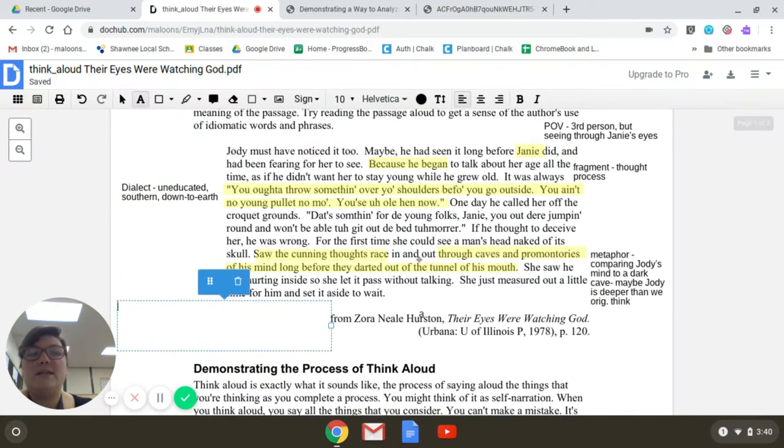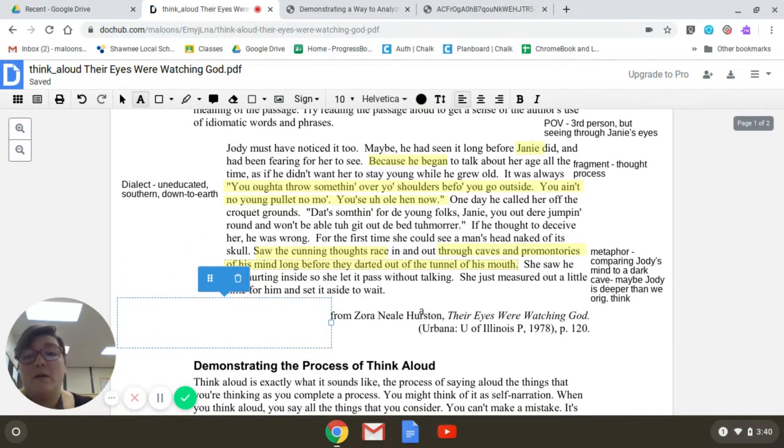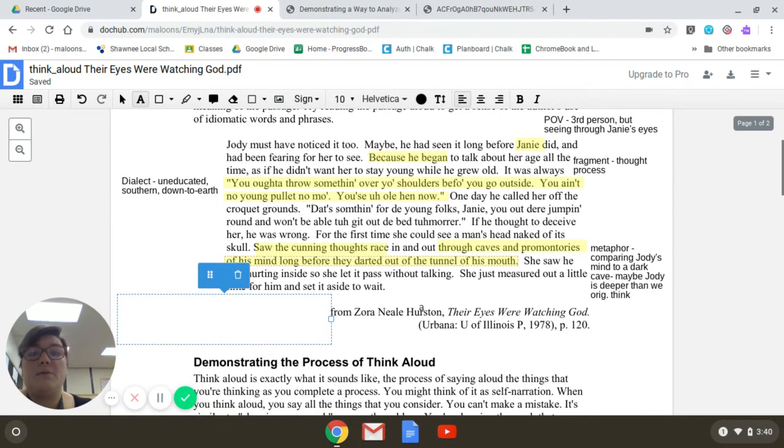I would argue, since we're seeing this in third person but looking through Janie's eyes, seeing things from her point of view, her perspective, because we're using this Southern dialect, because we're being informal, because we are using sentence fragments instead of whole, complete sentences, and because we are clearly using a metaphor to describe Jody's mind the way Janie sees it and perceives it, I would argue that all of these things put together would indicate that the author is trying to get us close to Janie and to put ourselves into her mindset and perceive the story from her eyes as much as possible.